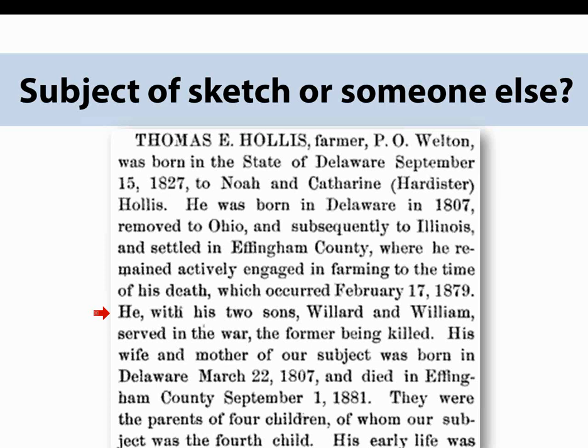He has another son named Thomas, which is who this sketch is about, and then another child. They also refer to these 2 sons, Willard and William, as serving in the war, which we can assume is the Civil War, but it doesn't actually say. So we would need to do much more research to determine what war that William, Willard, and Noah were participants in.